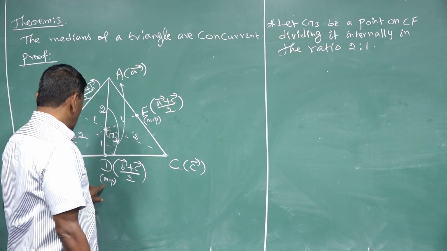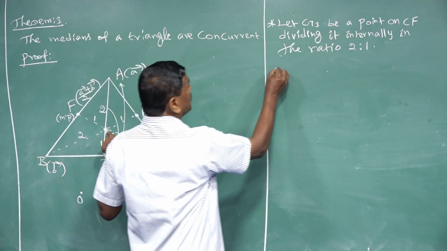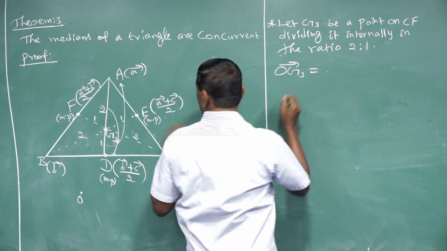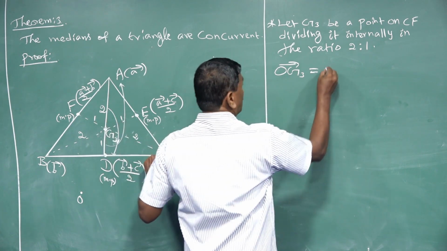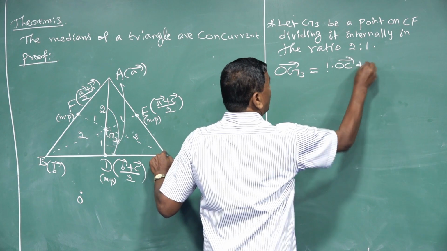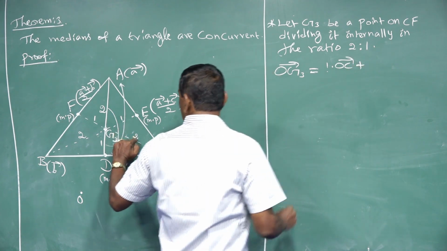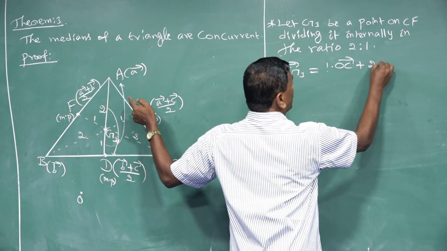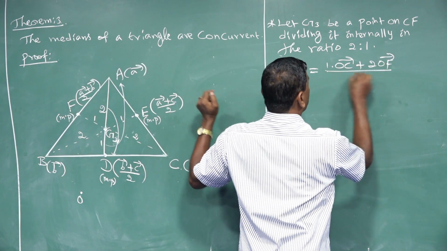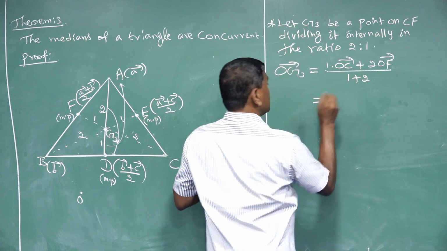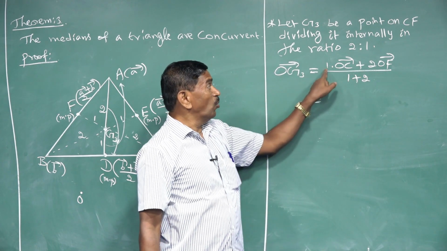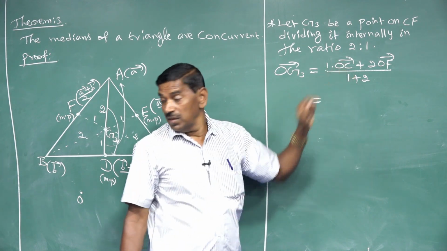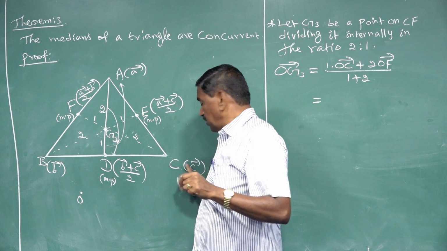Yes, very good. OG3 vector is equal to 1 into OC vector plus 2 into OF vector divided by 1 plus 2. Which is equal to 1 into OC vector, where OC vector is equal to C vector.